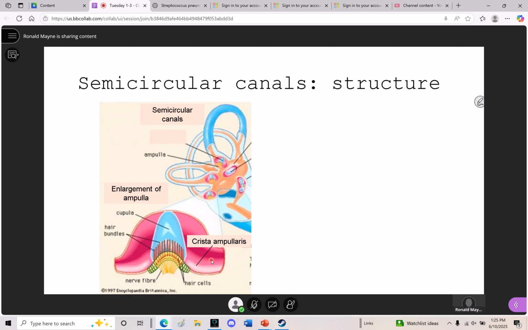It would just be in here, right here. Now on top of our hair cells, we've got this gelatin called a cupula.